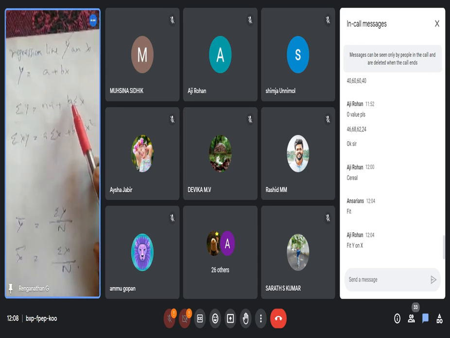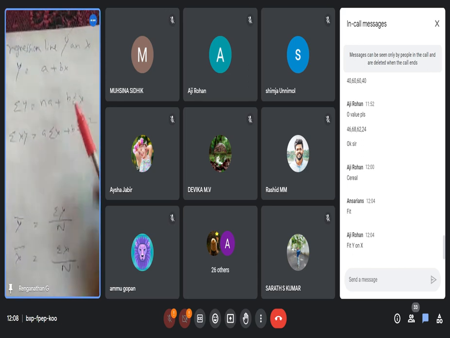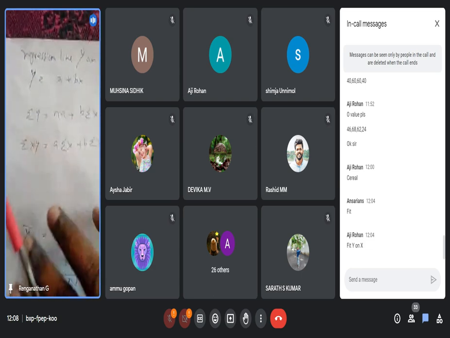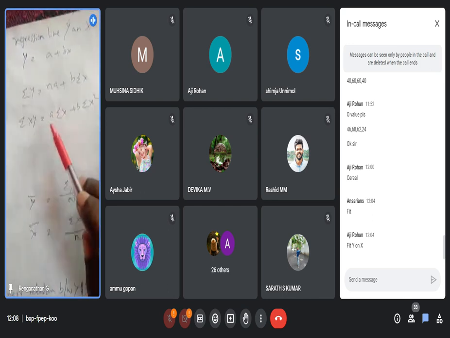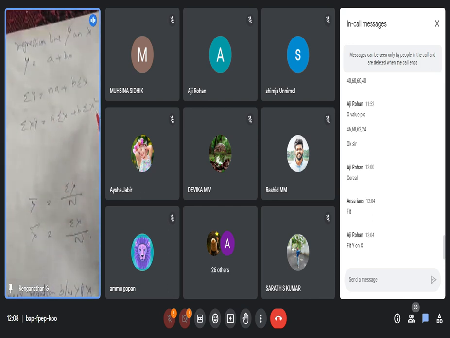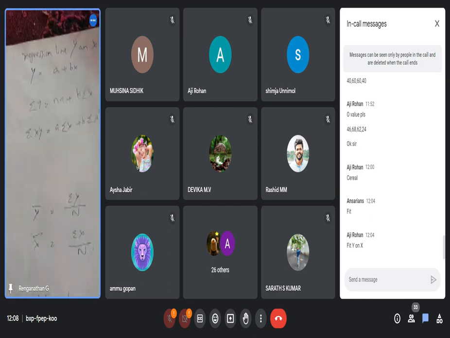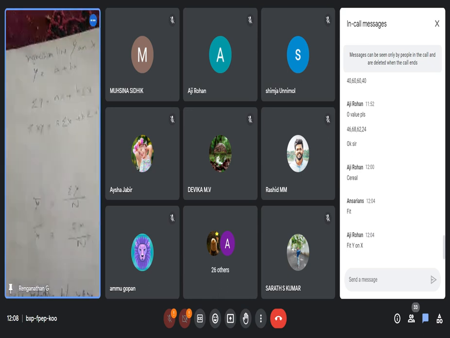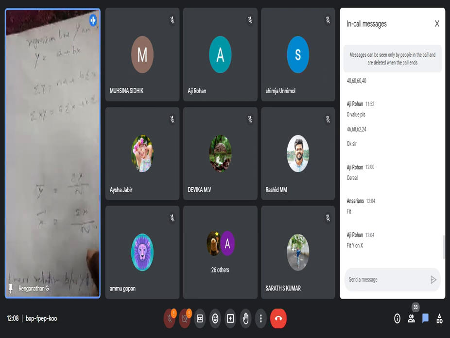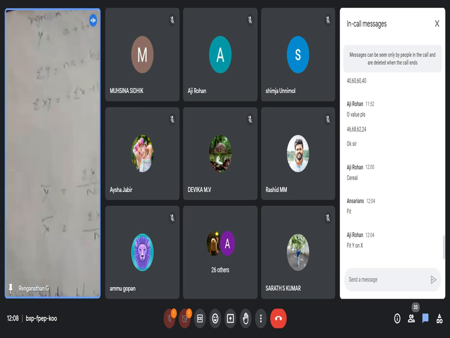We have to find the values of a and b with the help of the last two formulas: sigma y is equal to na plus b sigma x, and sigma xy is equal to a sigma x plus b sigma x square. And besides that, you have to find the mean of the two items for making the analysis. I will explain it later.